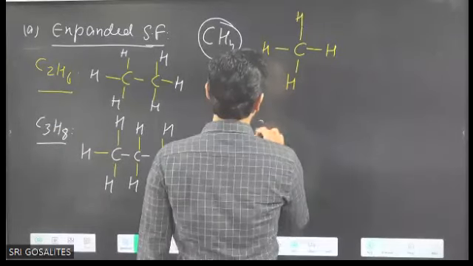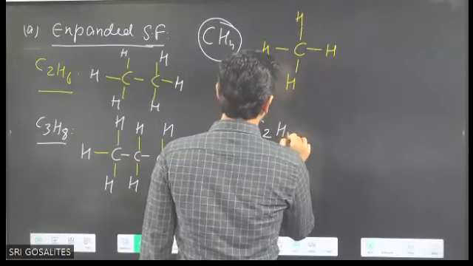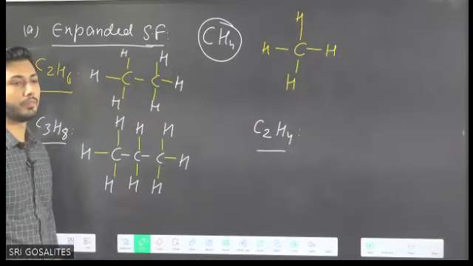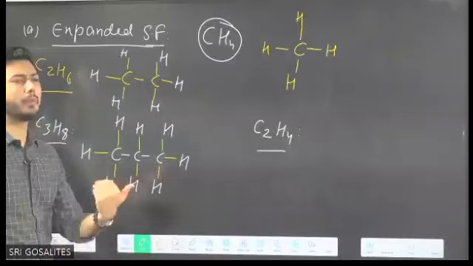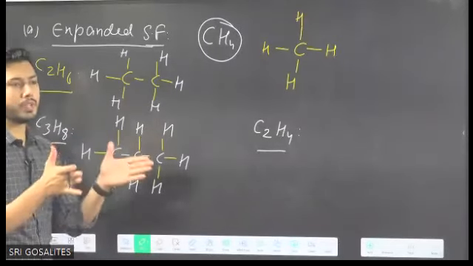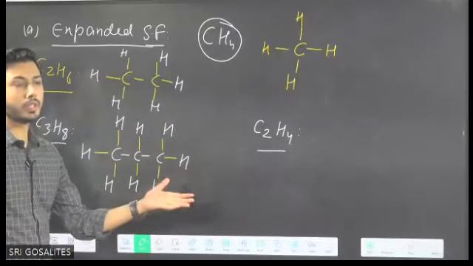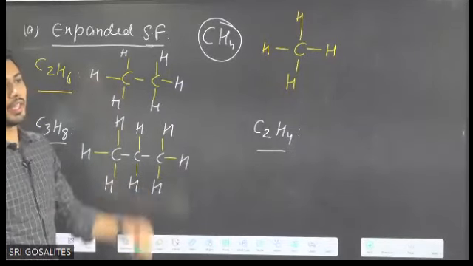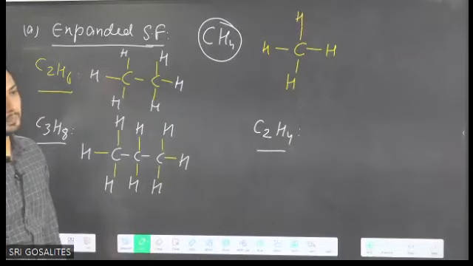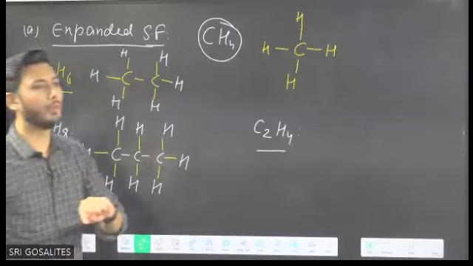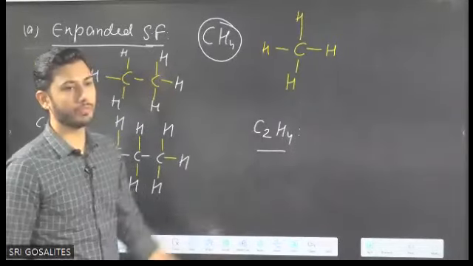Next example, C2H4. Tetravalent means carbon can form four bonds, and that's why it is considered tetravalent. If carbon forms bonds in a neutral molecule, it has four bonds.